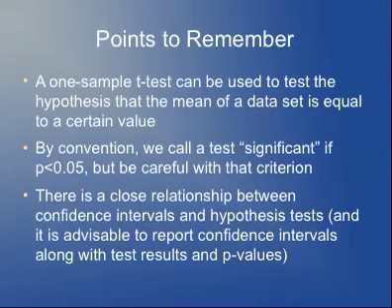There's a close relationship between confidence intervals and hypothesis tests, and it's advisable to report confidence intervals along with test results and p-values. When we test hypotheses, we're looking at those confidence intervals that we've learned how to calculate before, and that's how we make conclusions.